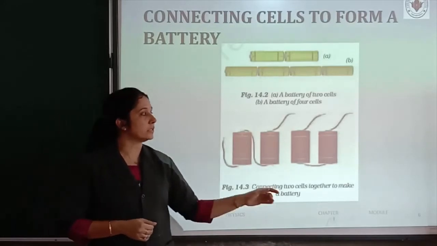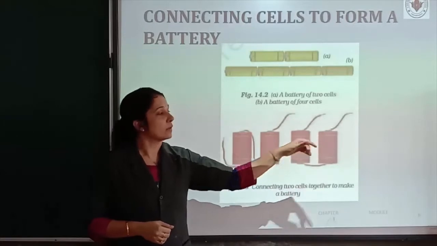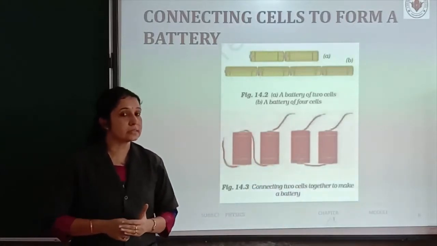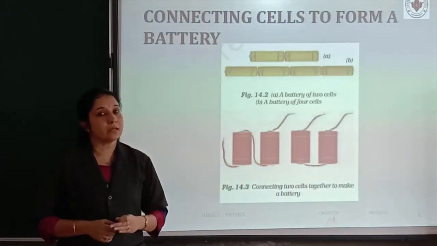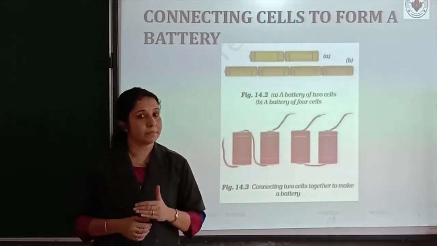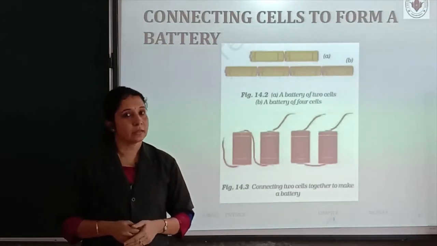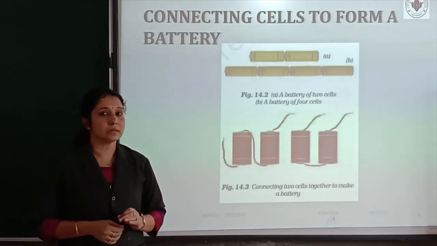Whereas if you are connecting the cells like this, positives together, negatives together, in that case the current will be produced for a longer period of time, but the amount of current will be the same as from the single cell.